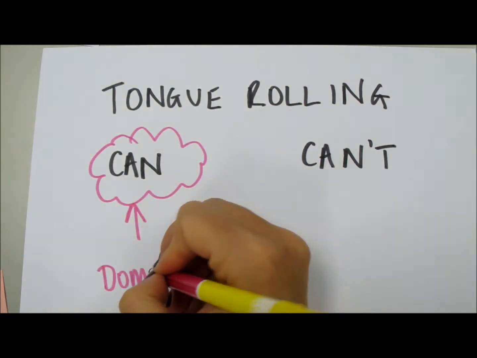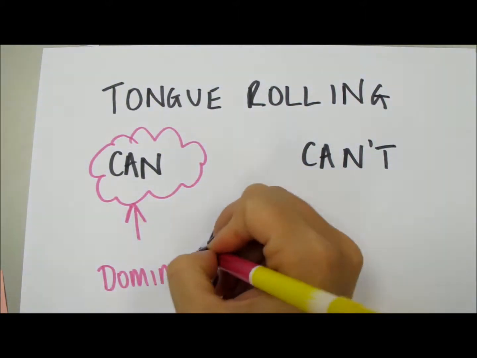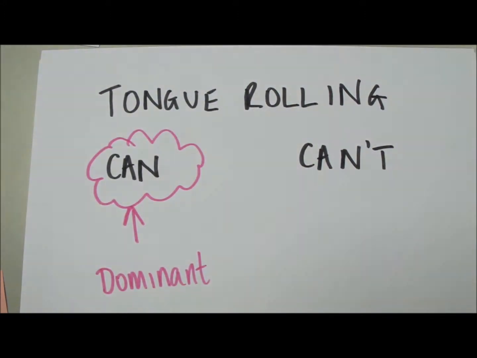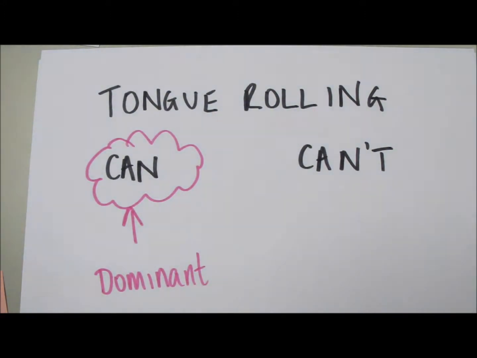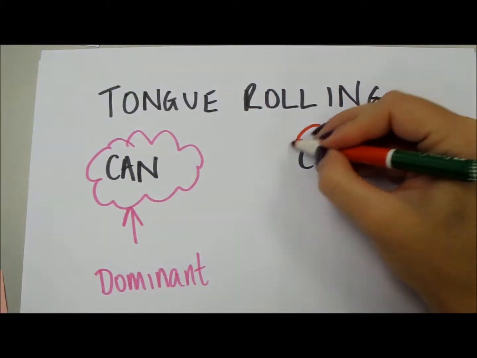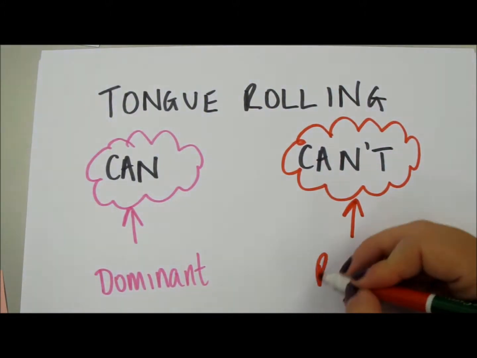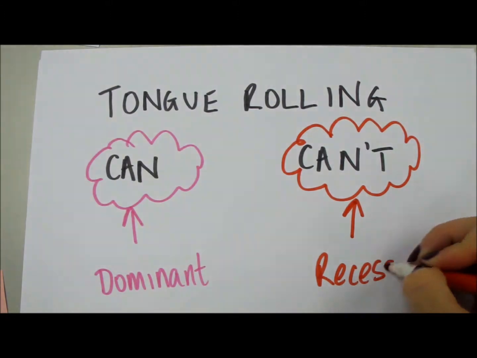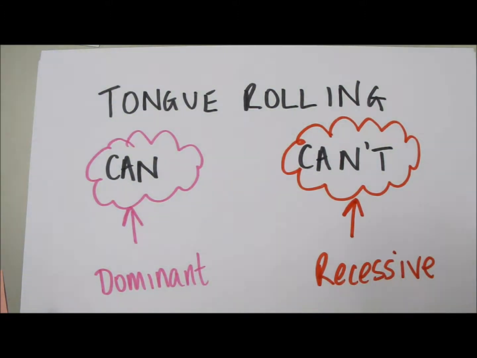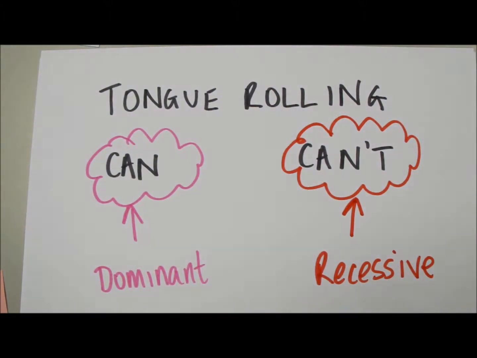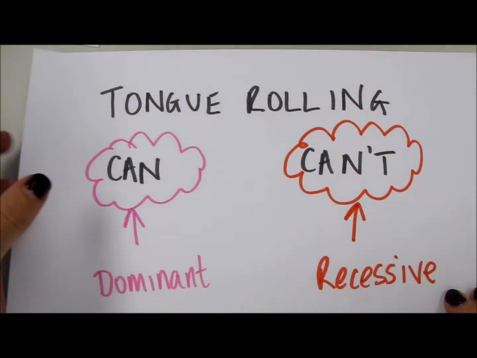What that means is that if an individual has a can allele, it doesn't matter what the other allele is, they will be able to roll their tongue. Someone who can't roll their tongue has the recessive allele, and because it is recessive, they must have two copies of that allele. Let me explain.